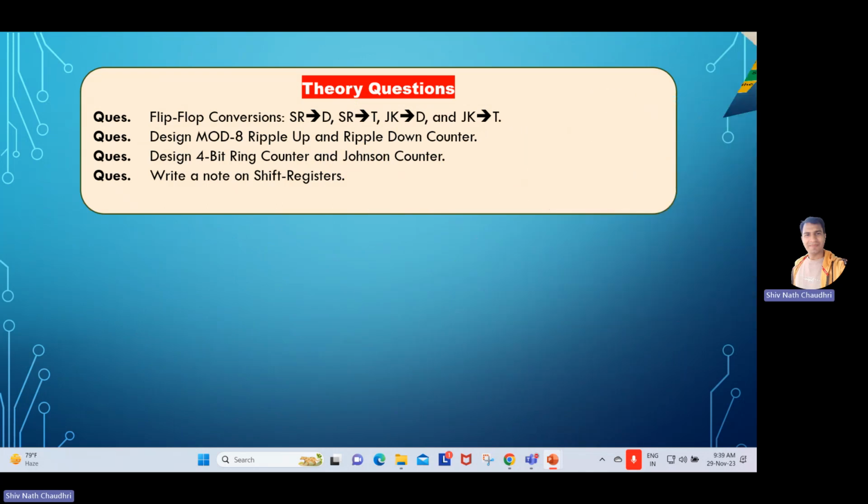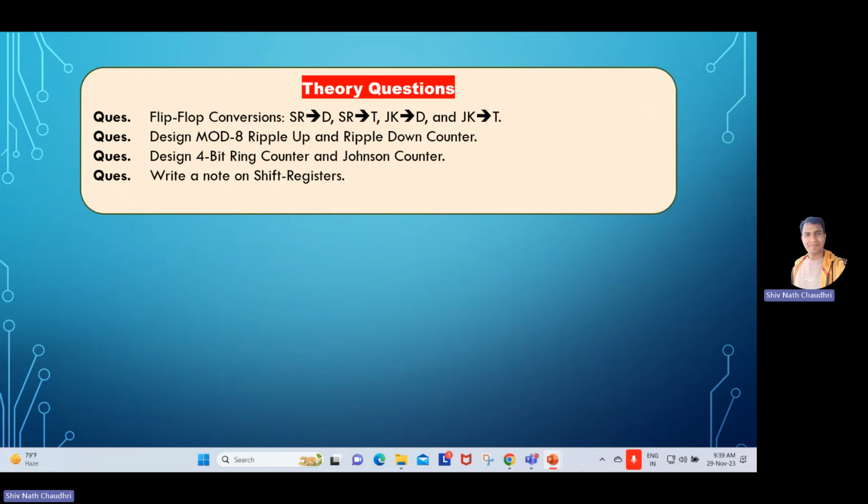We can also correlate a few important theory questions under sequential circuits. Everybody should know about flip-flop conversions. For example, you can try the conversion from SR to D or SR to T flip-flop. Similarly, JK to D flip-flop and JK to T flip-flop. You should also know the designing of ripple up counter and ripple down counter.